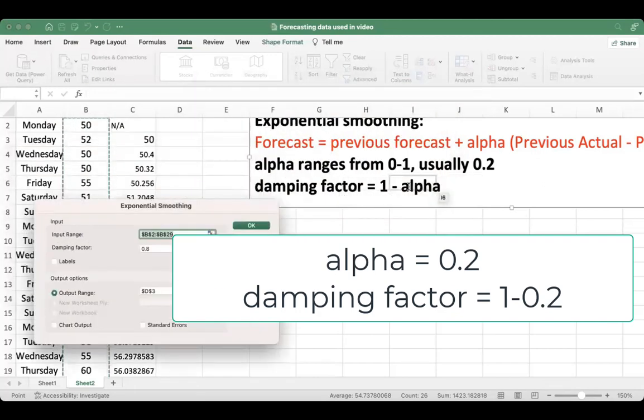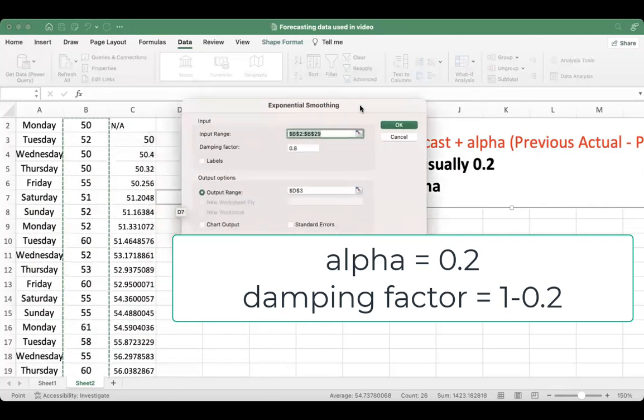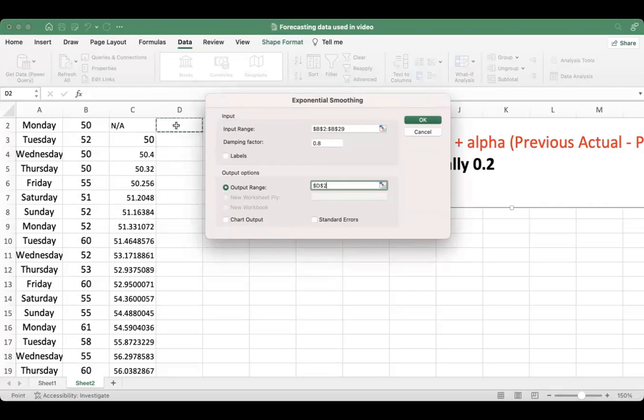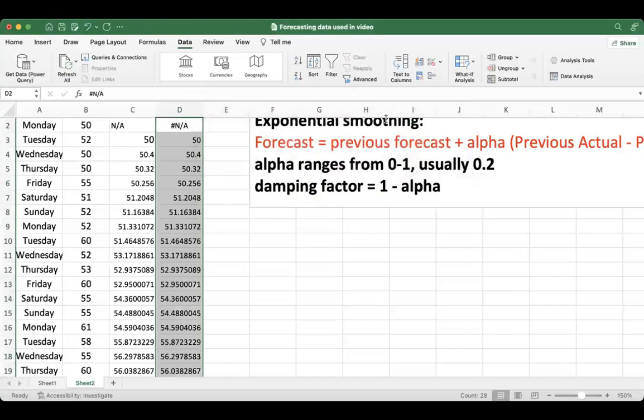Alpha is 0.2, so damping factor will become 0.8. This is how Excel works. And output range is where you want your results to appear. I want my results to appear here, and if I click OK, it gives me this. So as you can see, they are identical. Everything is exactly the same.